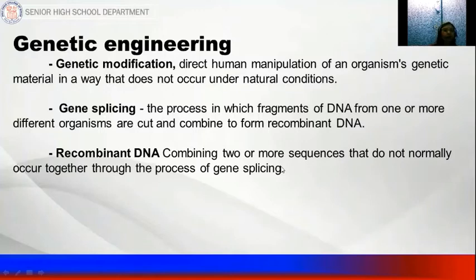So we also have gene splicing, the process in which fragments of DNA from one or more different organisms are cut and combined to form recombinant DNA. So this is the recombination of the different DNAs from one organism to another, to form another recombinant DNA. Recombinant DNA is combining two or more sequences that do not normally occur together through the process of gene splicing.